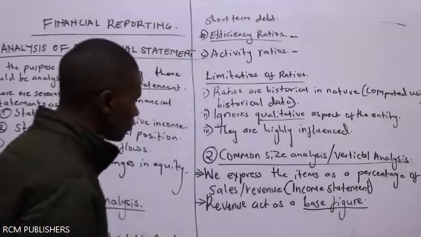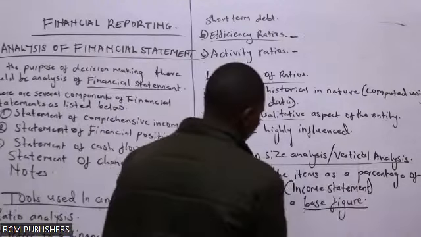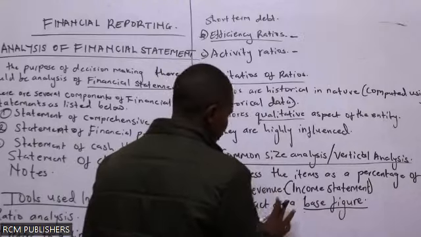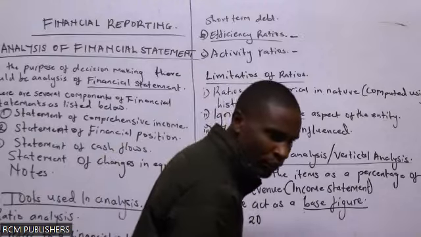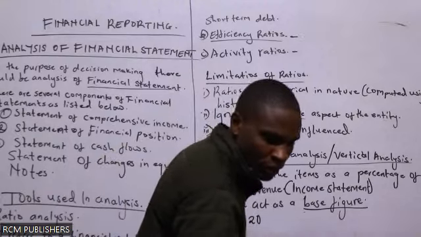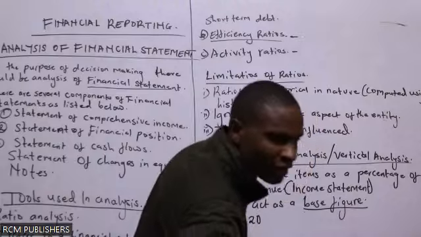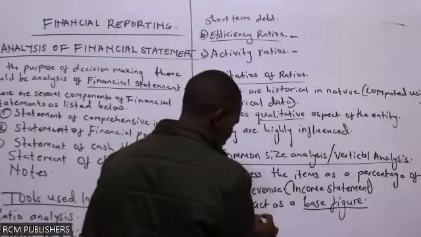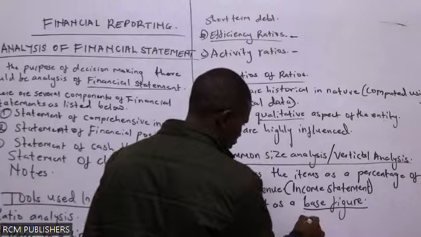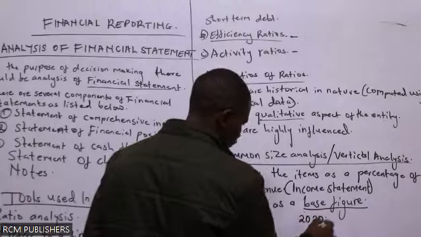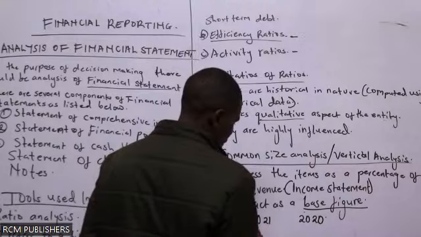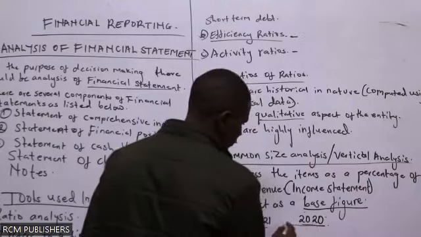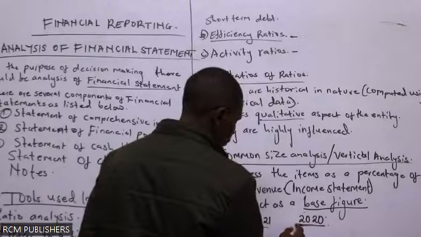For example, let me now maybe show you how we shall be doing this. This is Morris Limited. Hii ni kampuni ya Morris, 2021 financial year and 2020.